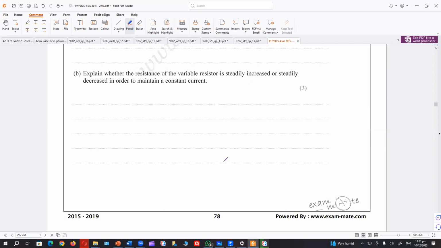Explain whether the resistance of the variable resistor is steadily increased or steadily decreased in order to maintain a constant current.